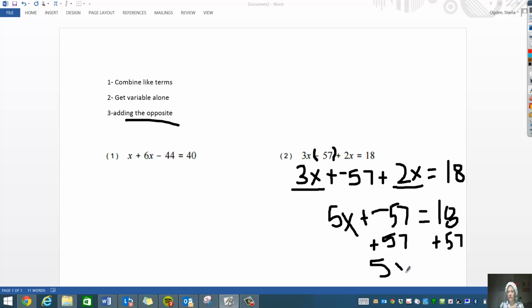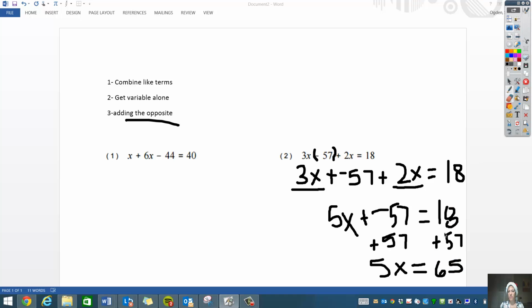Then I have to add 18 plus 57, which is going to be 75. 8 plus 7 is 15, carry the 1, 5, 6, 7 is 75.